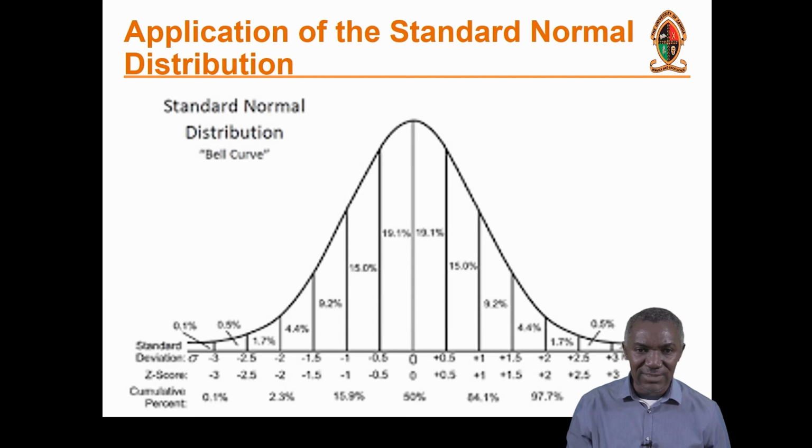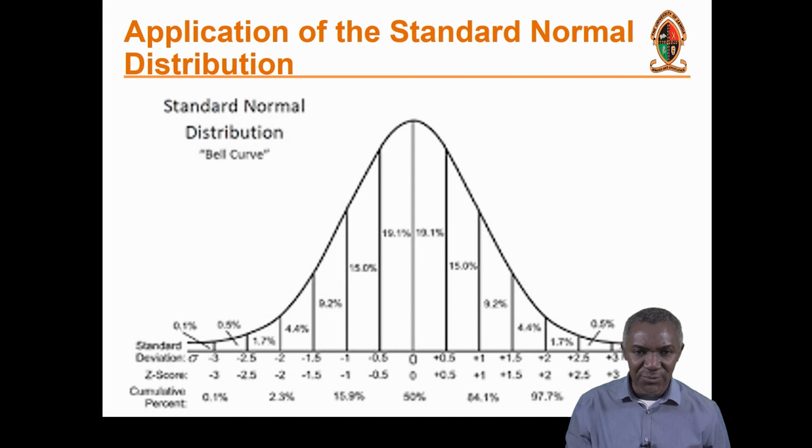So for us to get this value, I imagine that we are starting from 0 here. We subtract 0.475 from the value 0.5 here, because from here to here is from the mean up to the end of the left tail. This area is 0.5, and on the other side is 0.5.